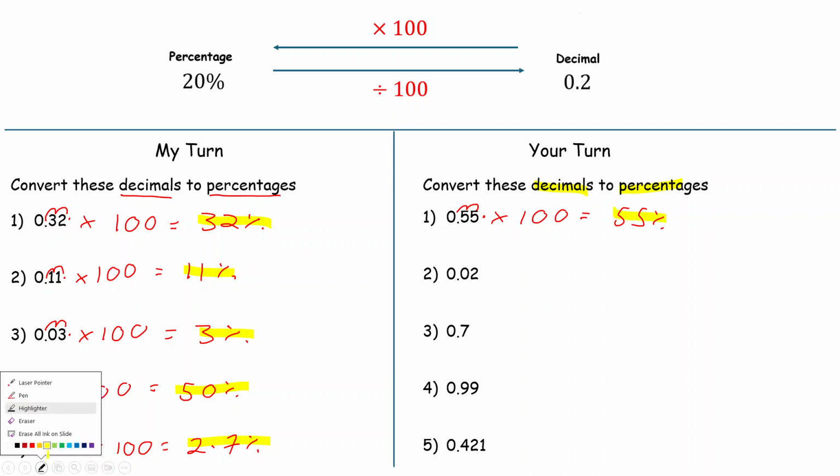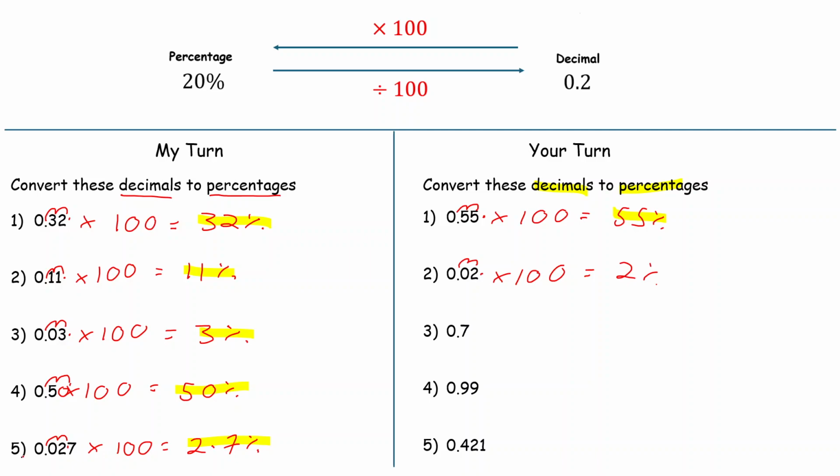The second one, we're going to multiply through by 100 again. So times it through by 100 to give you 1, 2, up to here again. So it's going to give you 2%. And then your next one is going to be timesing through by 100 again to go up by 1, 2 spaces. Point goes here, put in a 0 here to give you 70%.